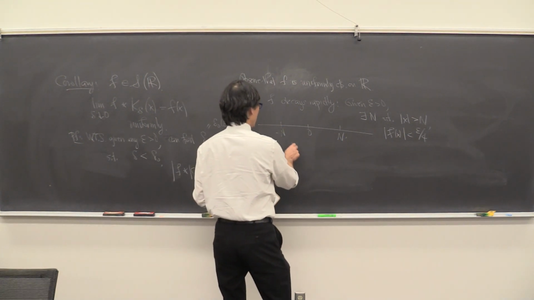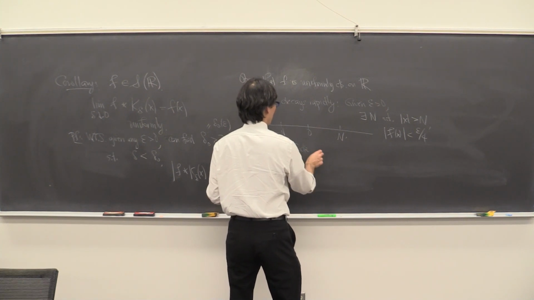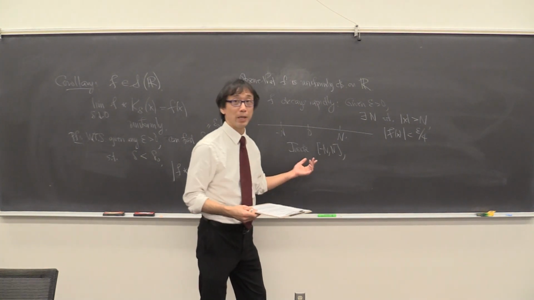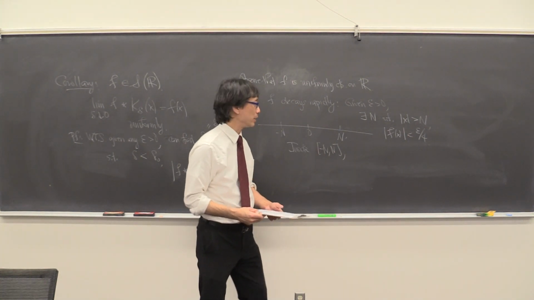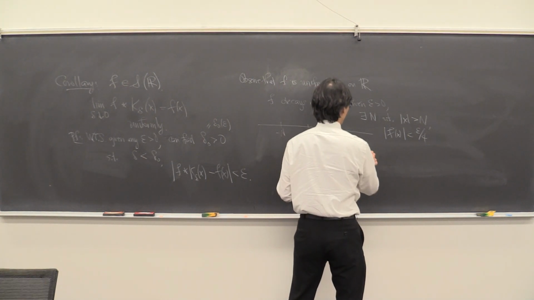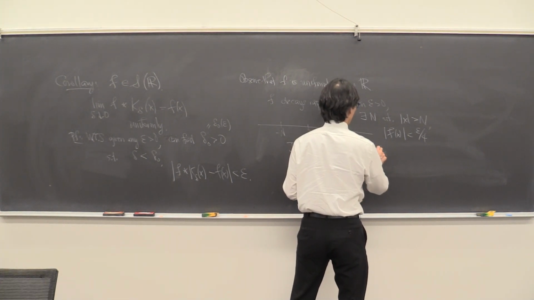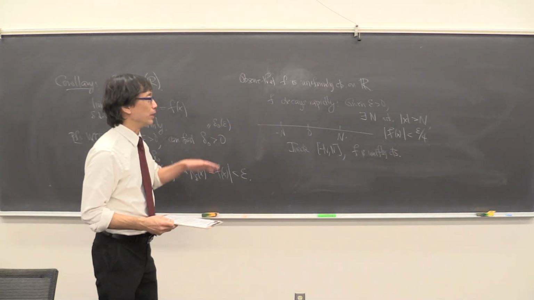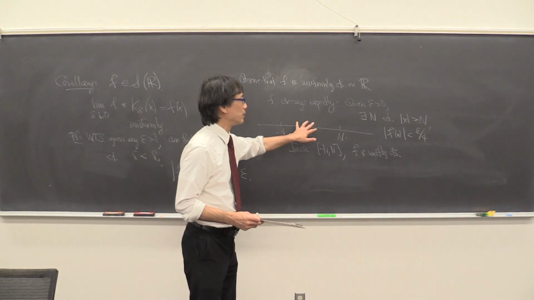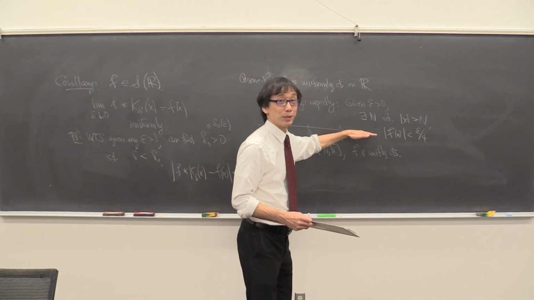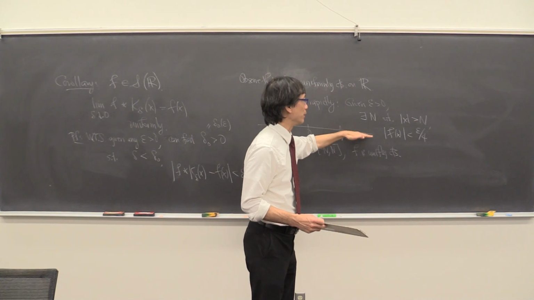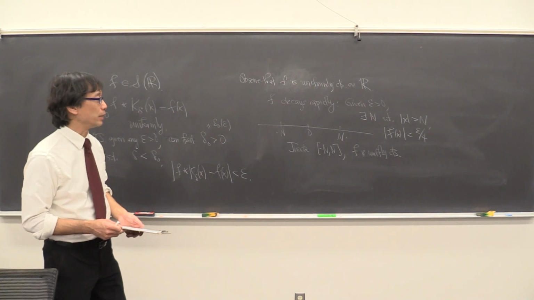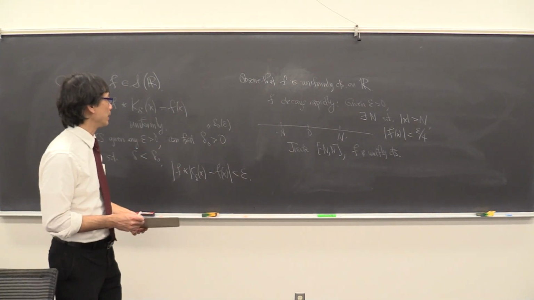And then inside negative n, well, f is continuous on this compact interval, so f is uniformly continuous. So it's uniformly continuous inside here, and it doesn't change more than epsilon over 2 outside of here, and so we have that it's uniformly continuous on the entire line. Okay.